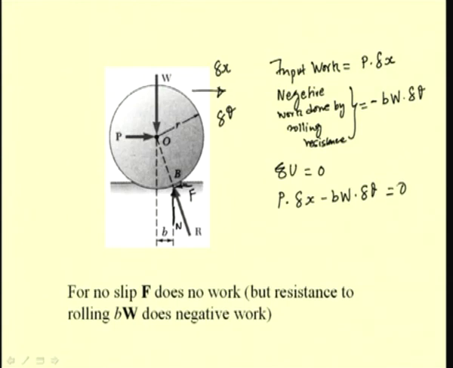So, in this way we can see that the work associated with friction or rolling resistance is always a negative work, and it is to be accounted for in the virtual work equation if we are interested to determine the equilibrium condition or to find some unknowns.